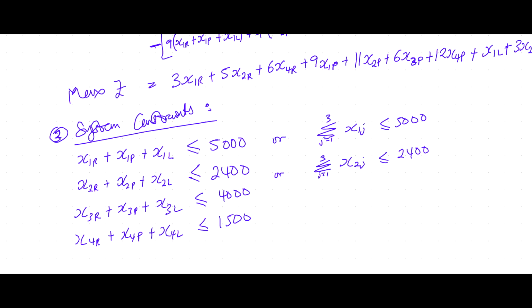Then also we have J moving from 1 to 3 for X3J, which is less than 4,000. Then finally, we have J moving from 1 to 3 again. Then it is X4J and is 1,500. So either way should be acceptable, right?